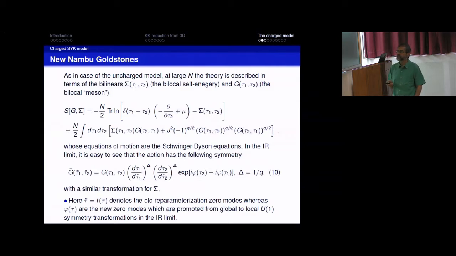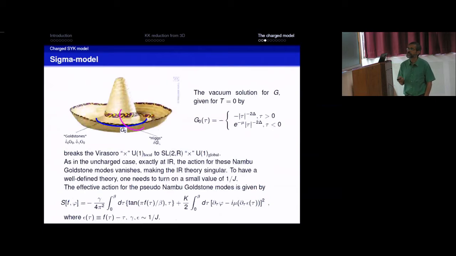So now we have two sets of Goldstone modes: f of tau, this tau tilde as a function of tau, which are the old reparameterization zero modes, and phi of tau, which are the new U1 zero modes. Now the picture is pretty much like before.